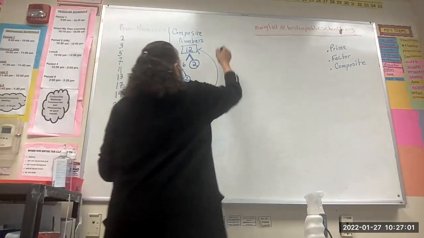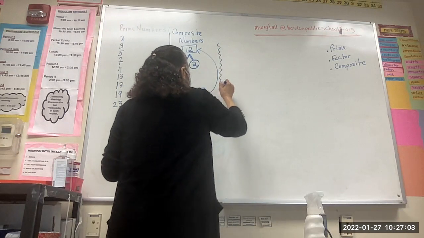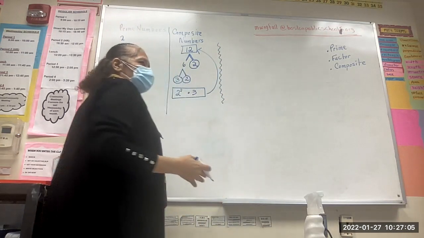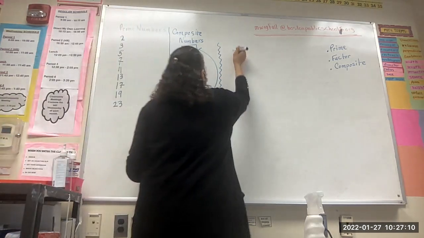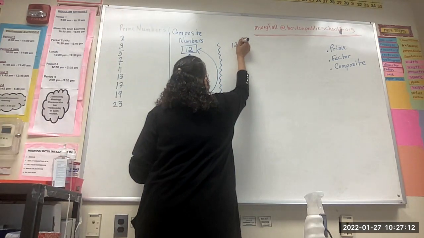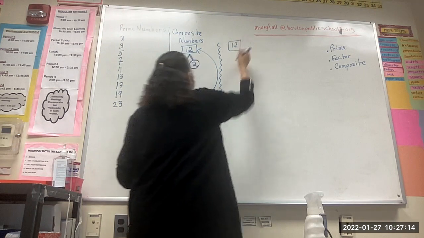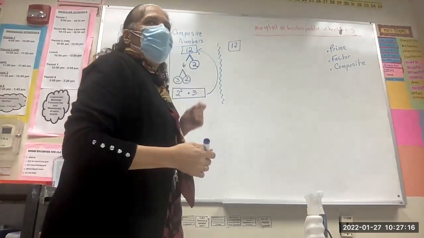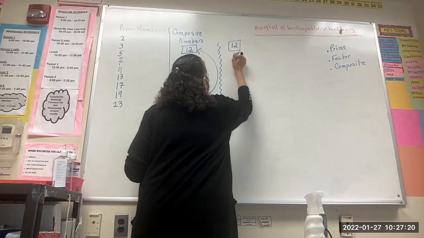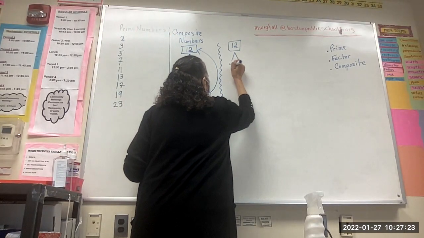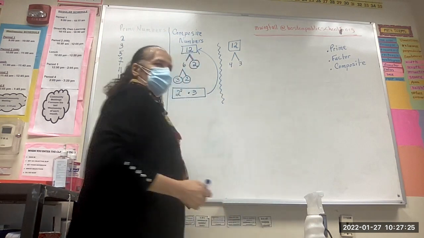Now I want to show you that it doesn't matter that your factor tree doesn't look like somebody else's because there's different ways to factor. Let's take the same number 12. And this time, instead of thinking about 6 times 2, let's think about 4 times 3. Because 12 is composed of the factors 4 times 3.